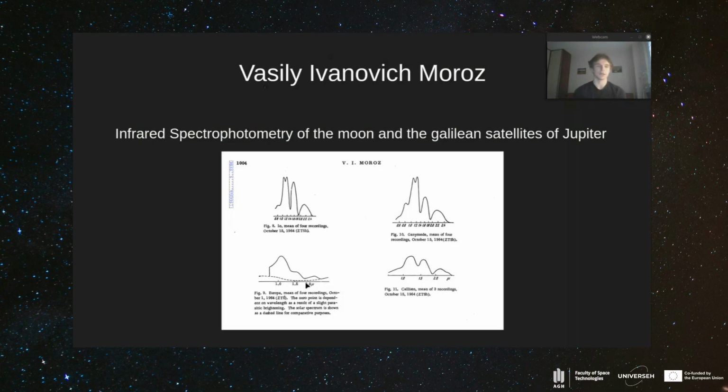And those decreases show us the fact that there's a subsurface ocean underneath Europa. However, interestingly, Moroz suggested otherwise. He firstly assumed that it's because of the atmospheres of Ganymede and Europa.